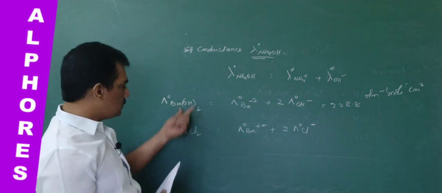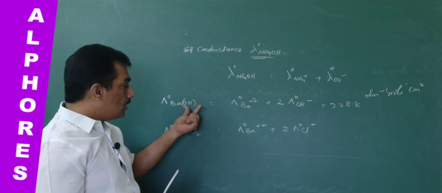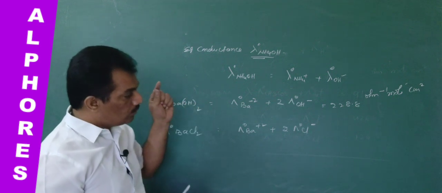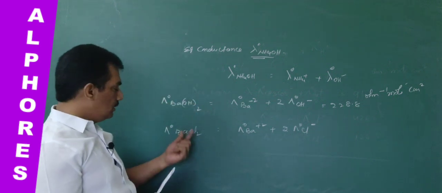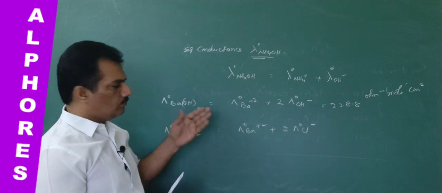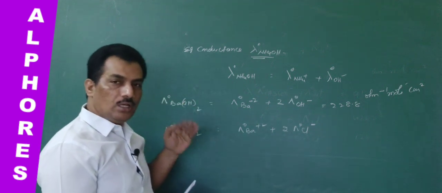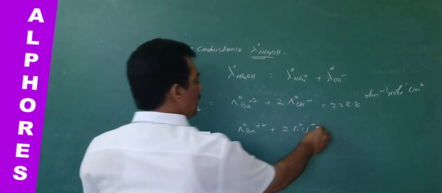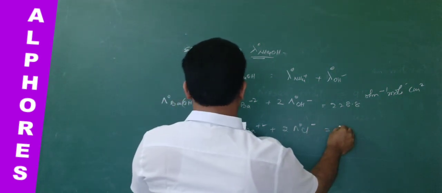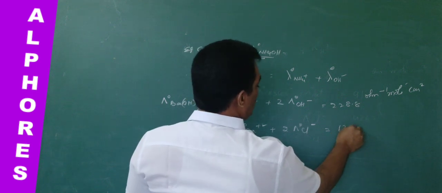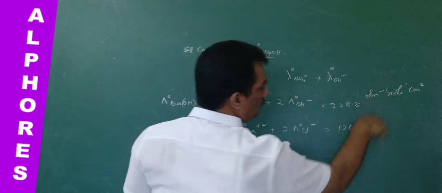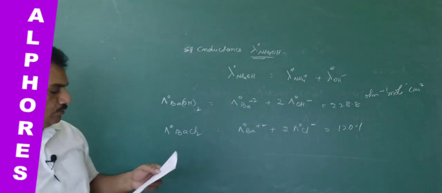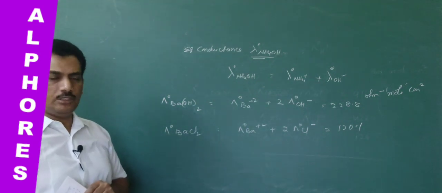Are you following these two? 2 ions of OH present, so we have to consider both of them. Here 2 chloride ions present, we have to consider both of them. And it is given as 120.1 ohm inverse mole inverse centimeter square.